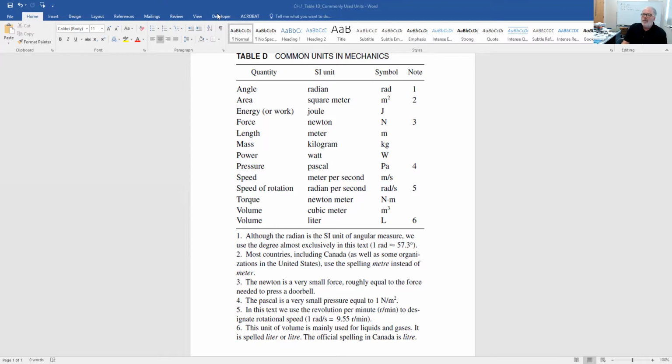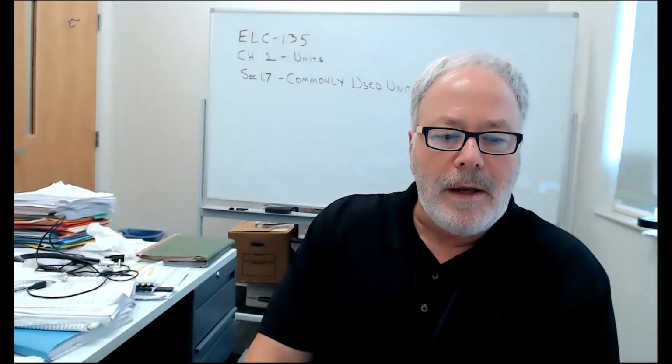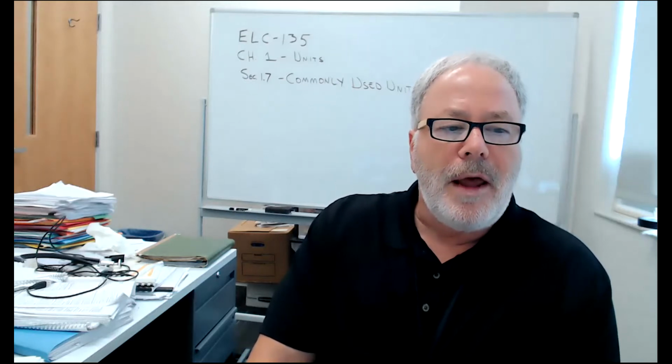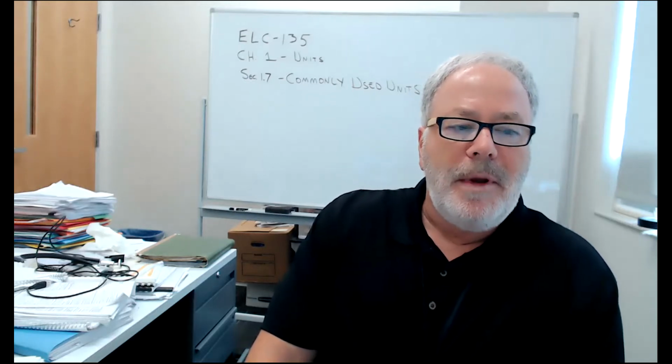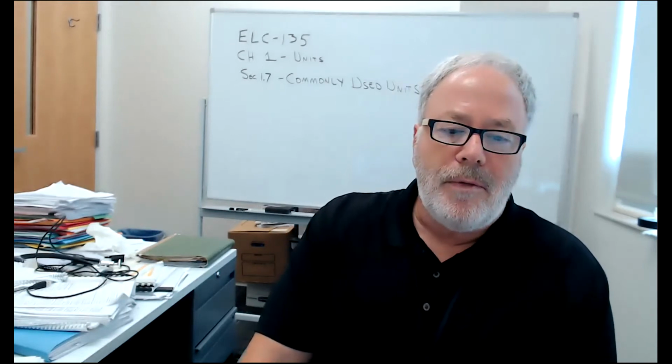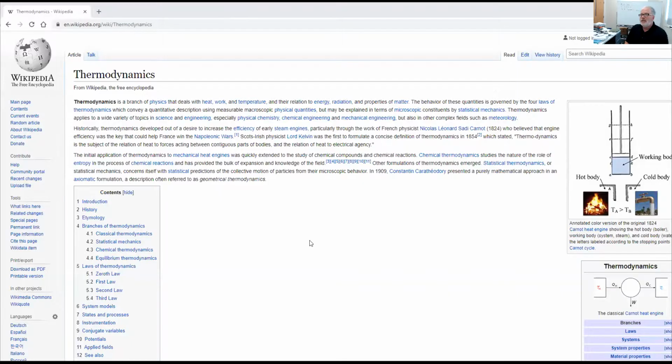We also have some area that we need to explore in terms of thermodynamics. Let me give you a quick definition of thermodynamics. And again, this is just something we want to be familiar with and know some of the terminology.